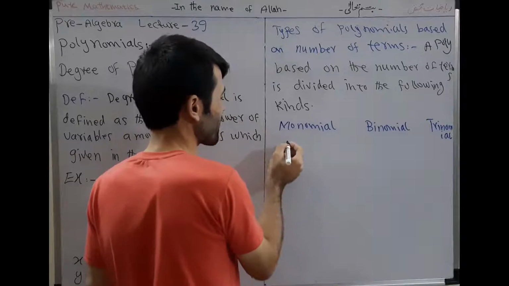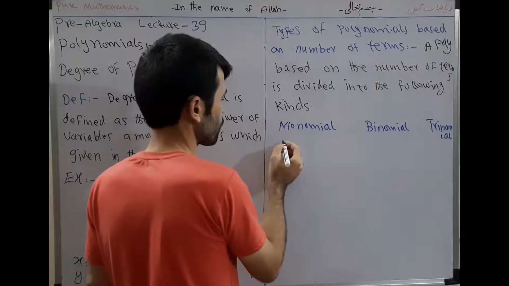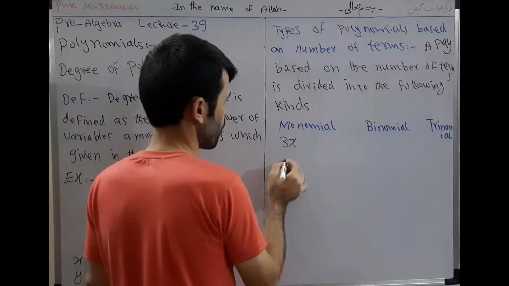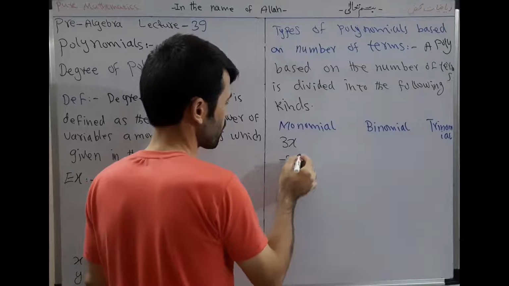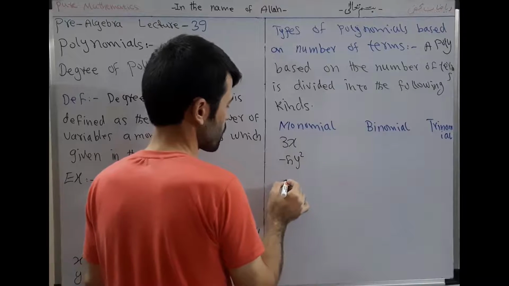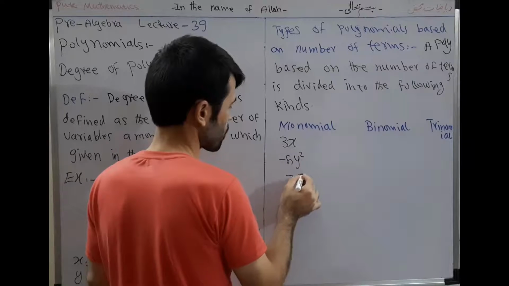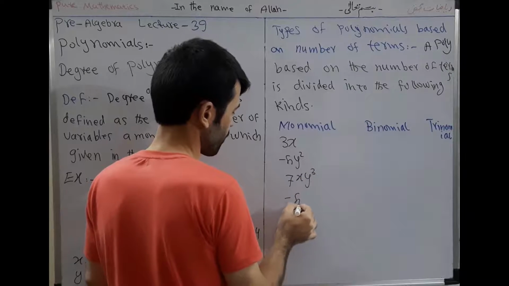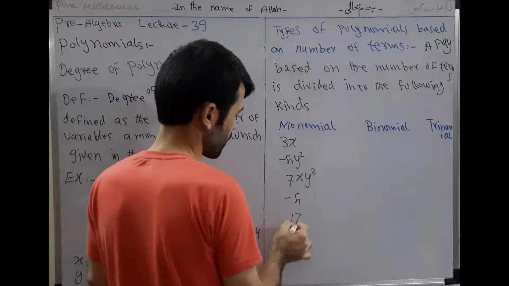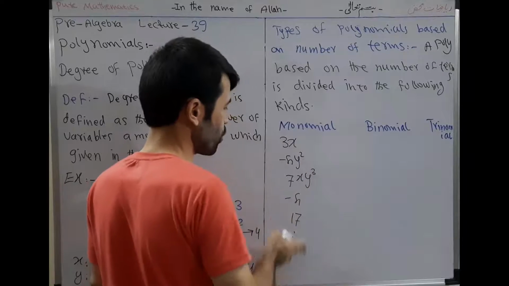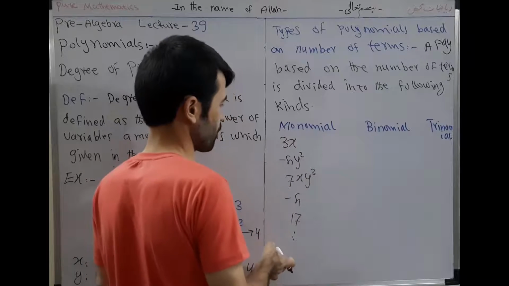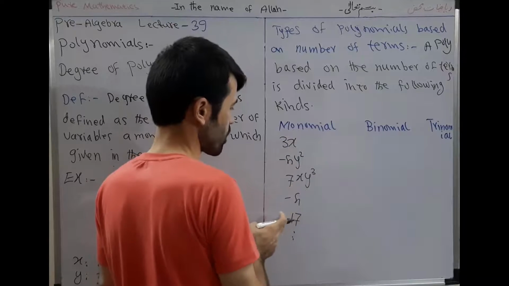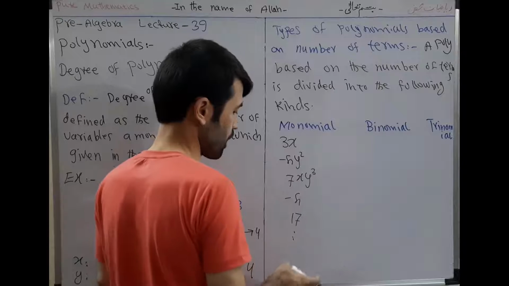A monomial has one term: 3x, minus 5y square, 7xy cube, minus 5, 17, and so on. It is a polynomial which has one term.